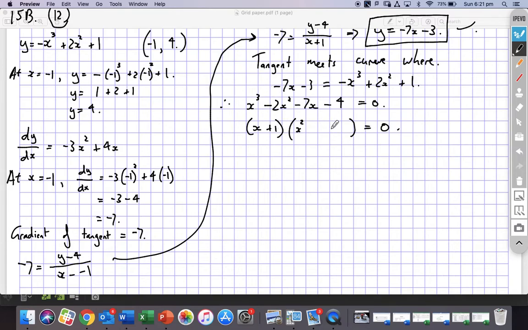So that I can find the other values, I'm going to factorize, as you can see that I'm doing. I'm going to use the minus 1 as a solution, but to get it equals 0, x is minus 1, I need to write a plus 1, right? How do I make all that 0? x has to be minus 1, that has to be plus 1, yeah? It's null factor law.